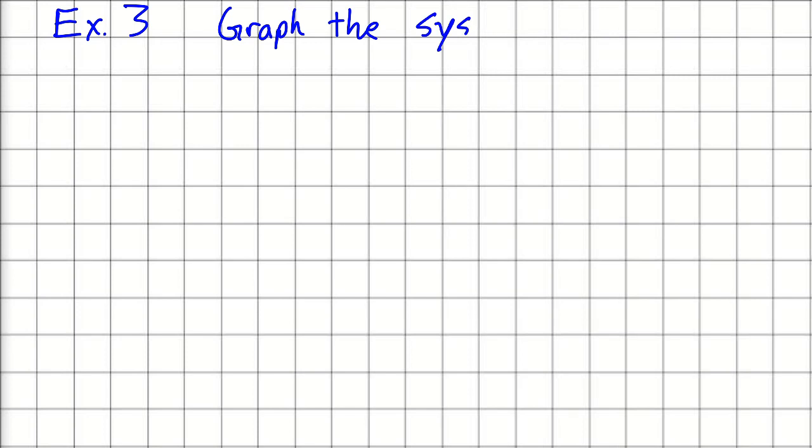And this time we're going to graph a system of not equations, a system of inequalities, because they're not equal signs. They're less than or equal to, greater than or equal to. So they're inequalities. So we have 2 inequalities.